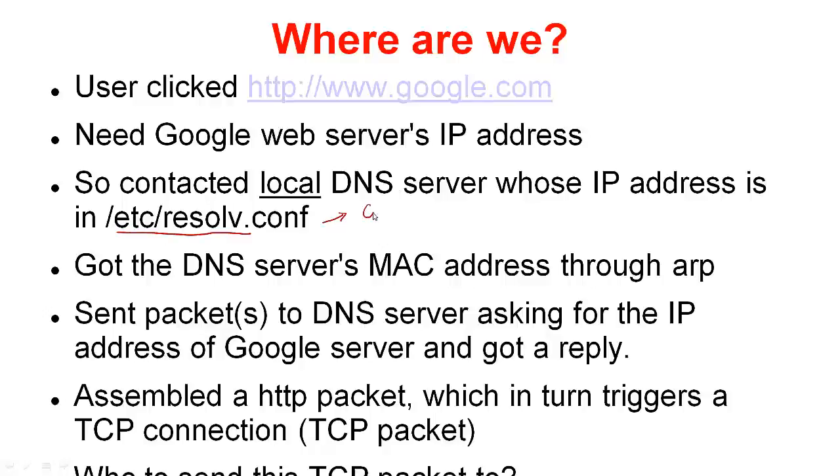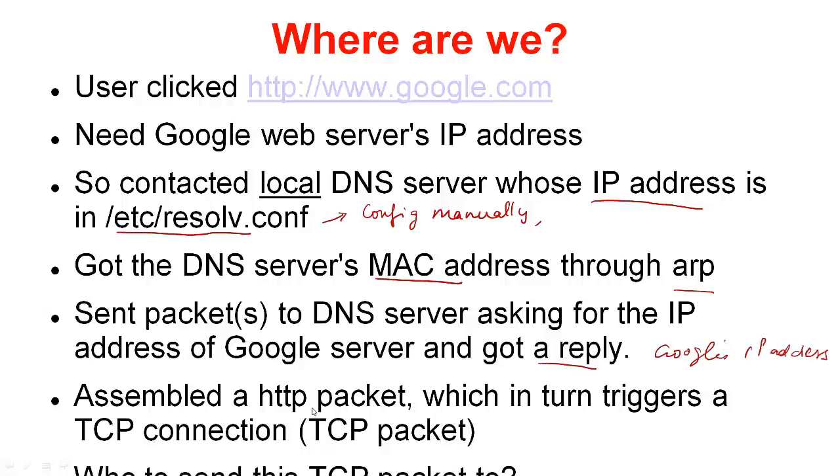By the way, this one you configure either manually or you obtain it when you set up your own IP address. And once you have the DNS IP address, you determine its MAC address through ARP. Now you are ready to send a packet to the DNS. So you send the packet to the DNS server and you get a reply from it. After this stage, you know Google's IP.